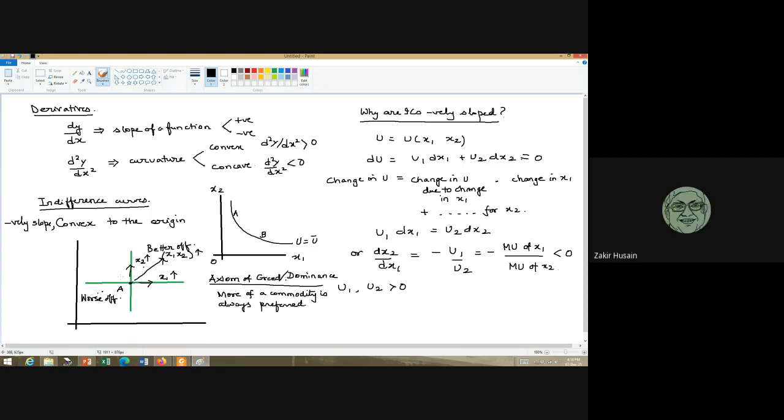What about these zones, a point like this or a point like this? Are they better than A or worse than A? Well, we don't know. This is the zone of ignorance.